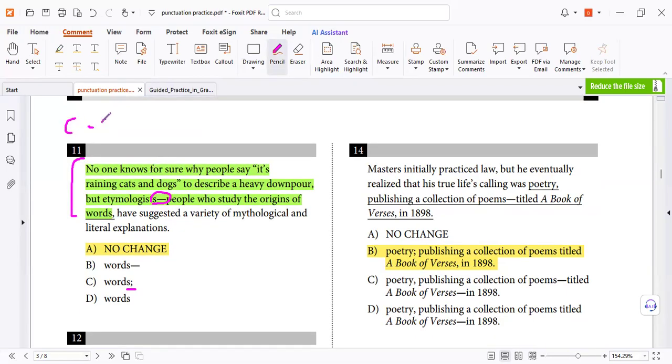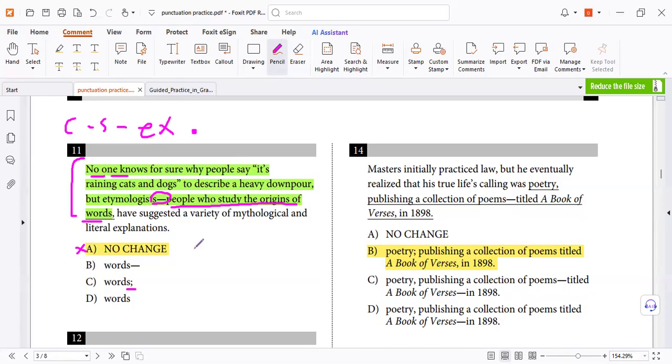It must be a sentence before the dash, then explanation. Now we check. Subject, verb. So it's a sentence. But after the dash, it does not explain. Does not explain. So the first one is wrong.